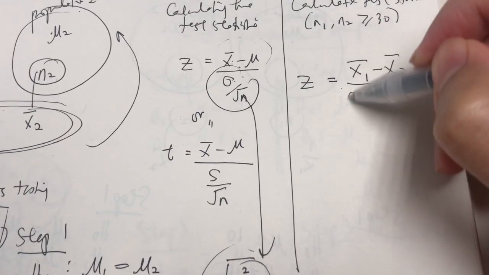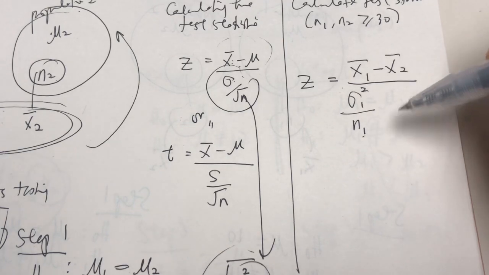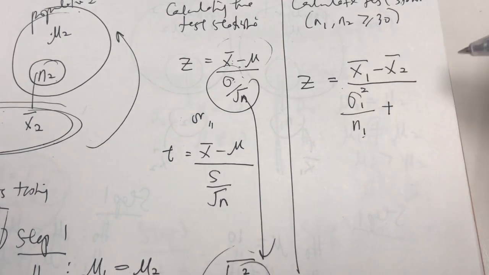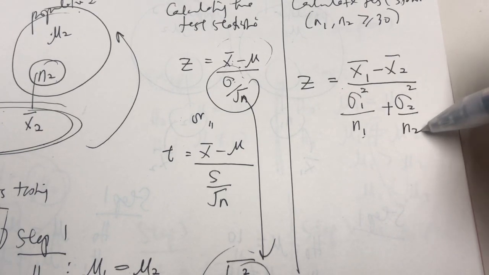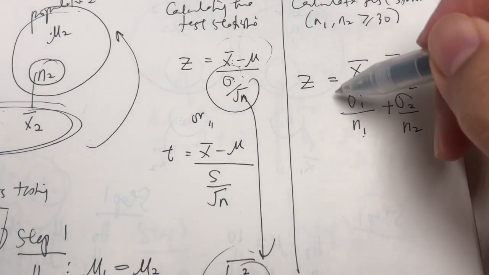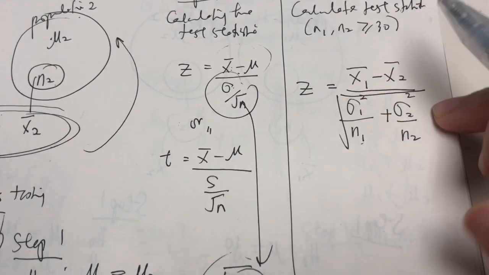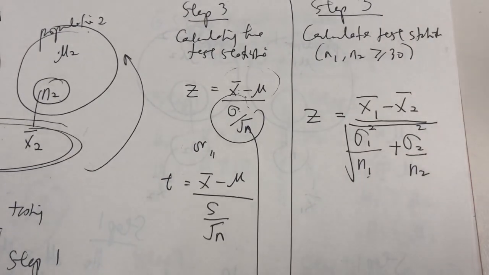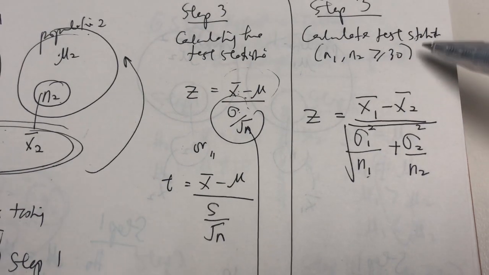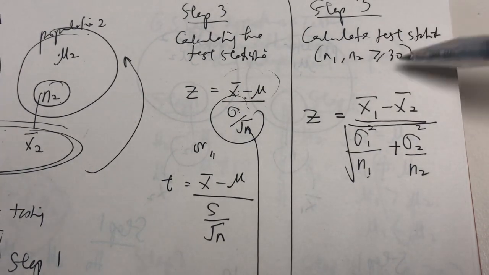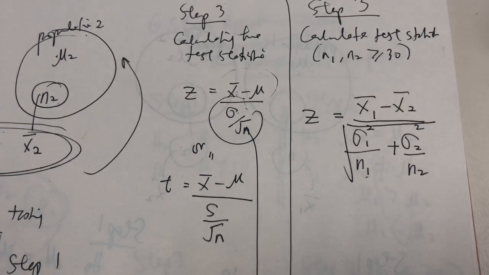Here we've got the first variance over the first sample size plus the second variance over the second sample size. Because it's a standard error, we have to square root it. So basically this is the formula to find the test statistic for a 2-sample population mean test, assuming that sample sizes are large and that both population standard deviations are known.